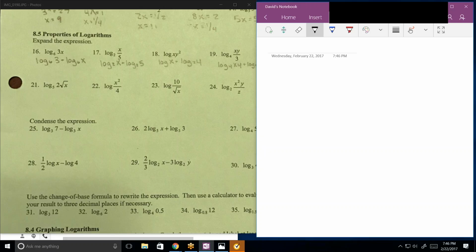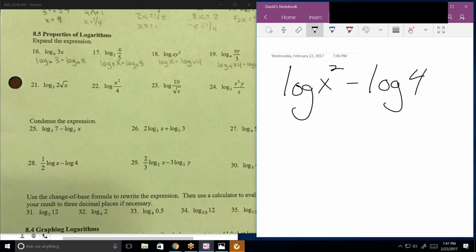So 22 would be log of x squared minus log 4. Good. And now the second step. Can't have any exponents in expanded form. So to get rid of that, just move the exponent to in front of the log.